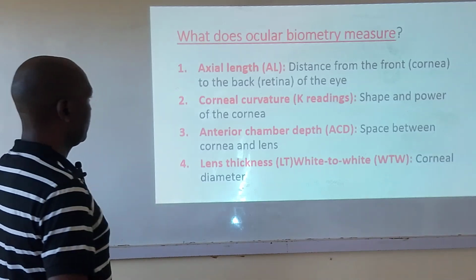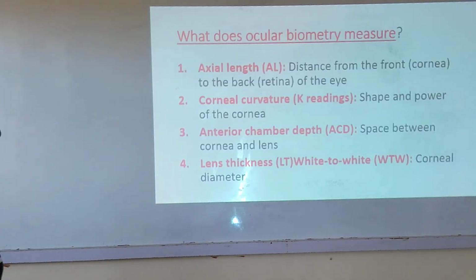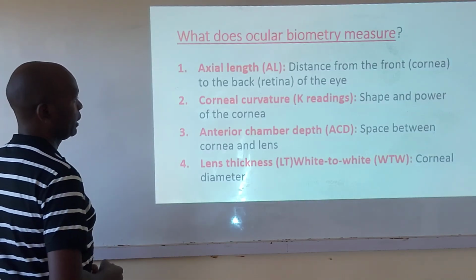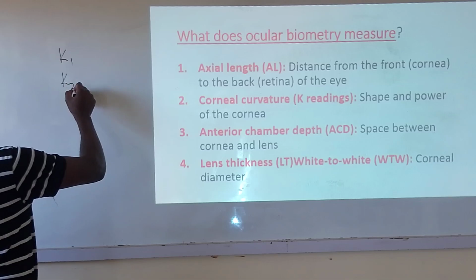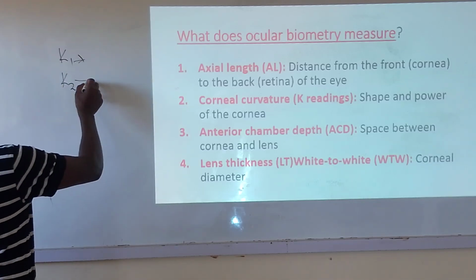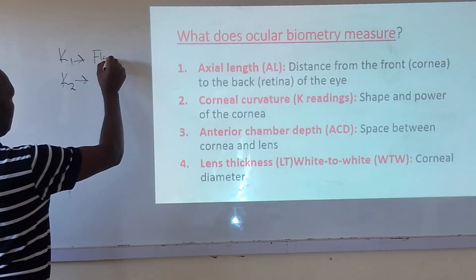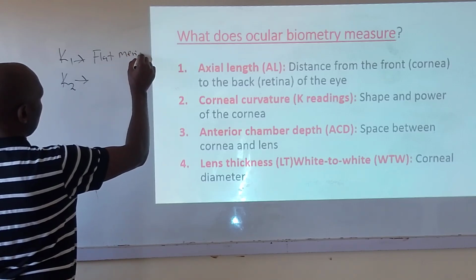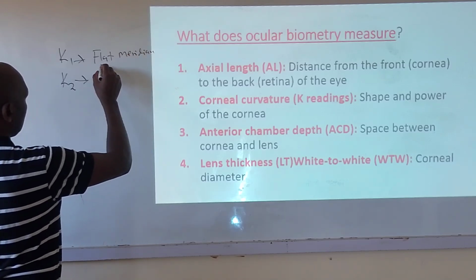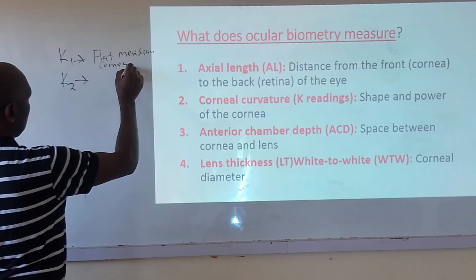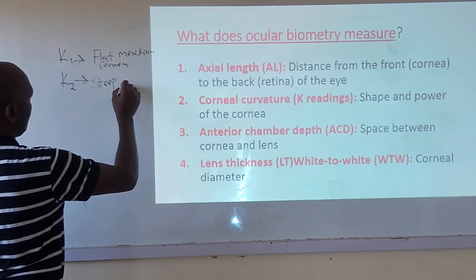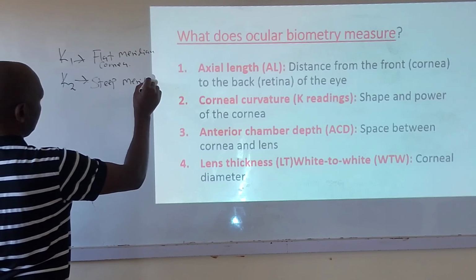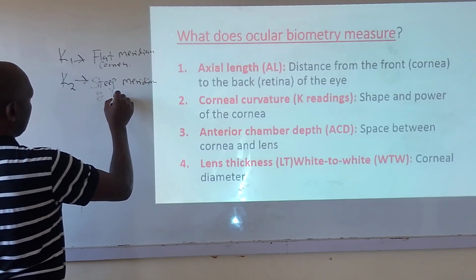What else do we measure? We measure the curvature of the cornea, and when we measure it, there are two readings, K1 and K2. This one represents the flat meridian of the cornea, while this one represents the steep meridian of the cornea.